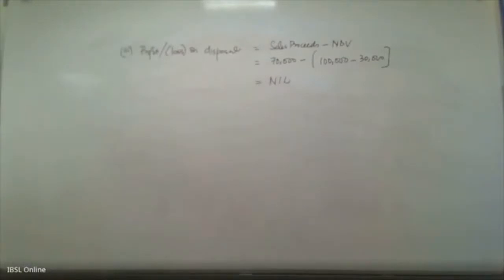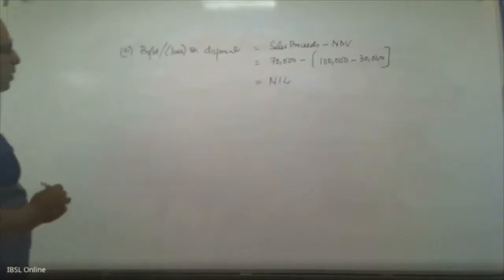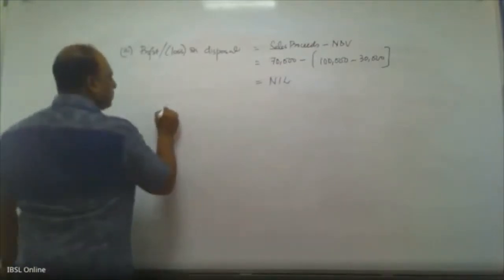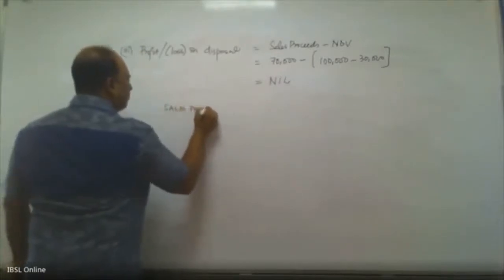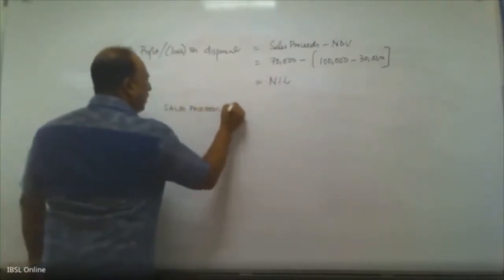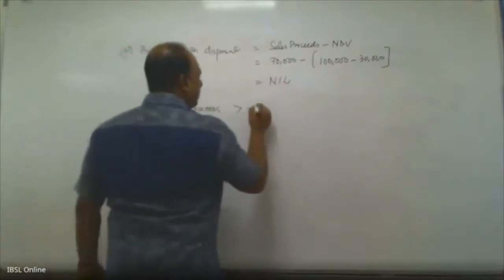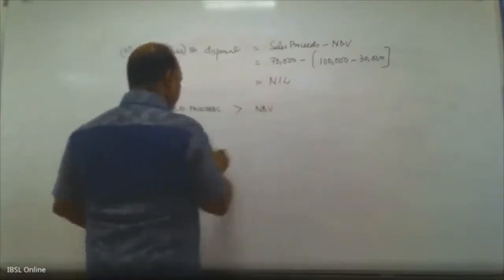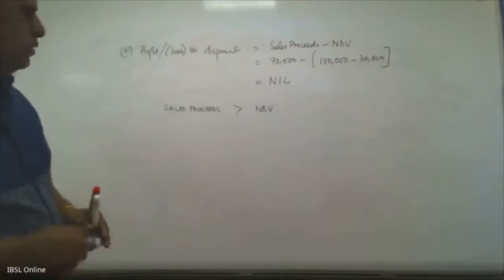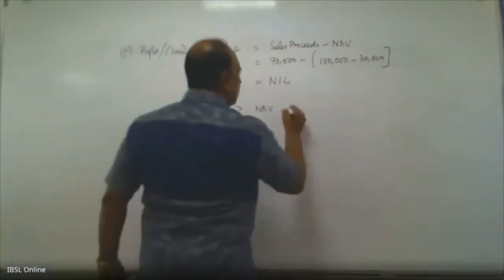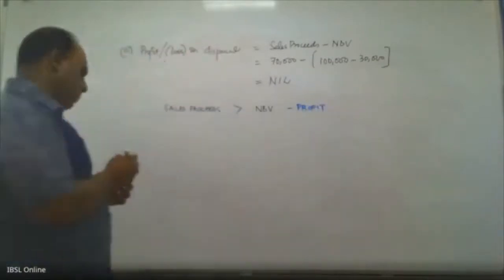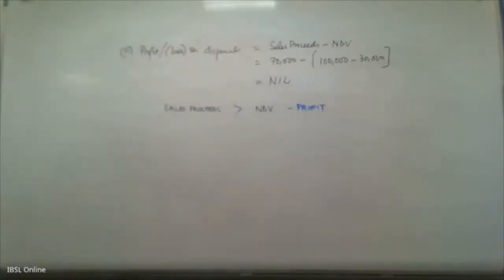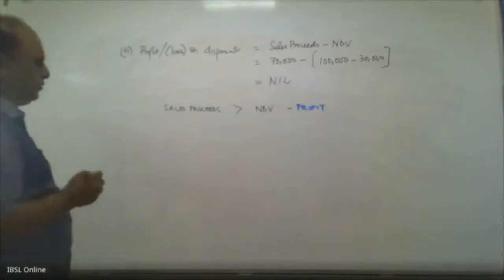So I want to give you a small note where you can remember. If the sales proceeds are greater than net book value, just remember this as a formula, you will have a profit. If the sale proceeds are more than the net book value, you will have a profit.